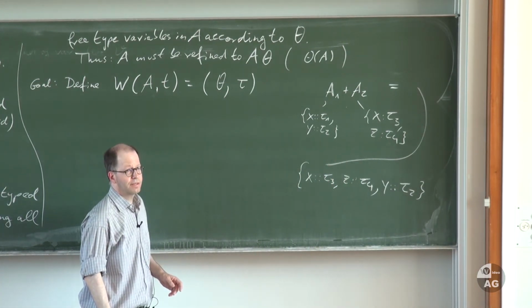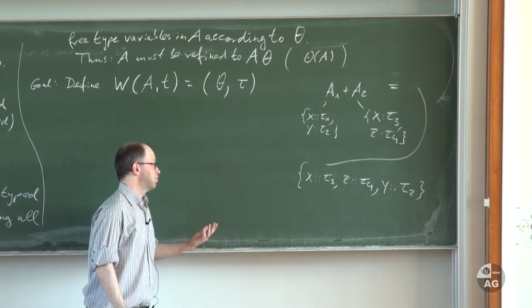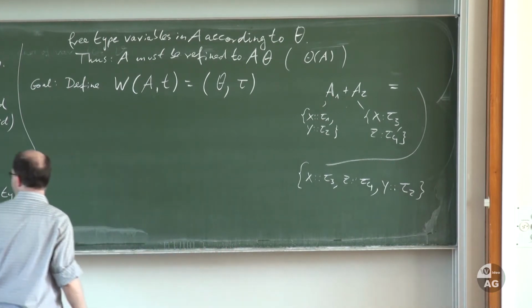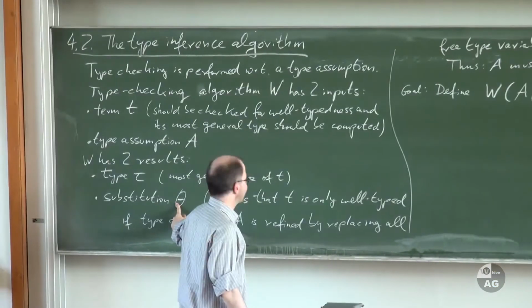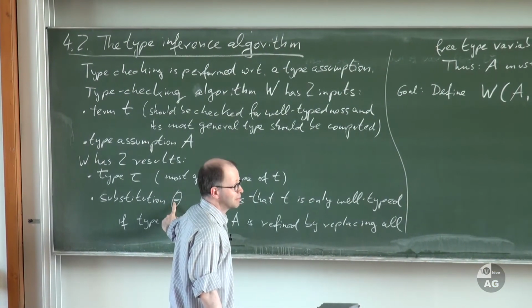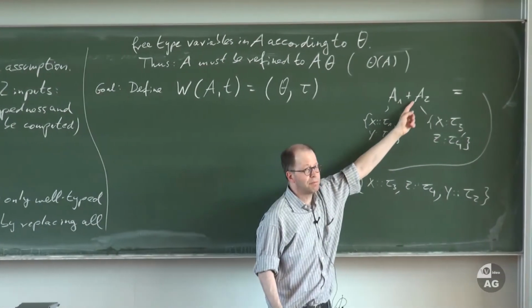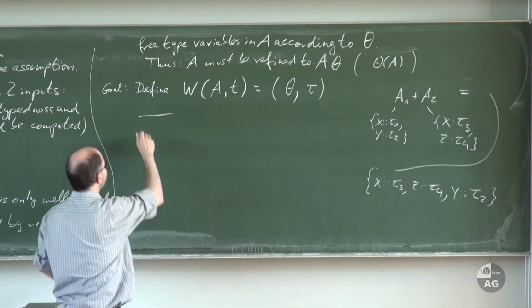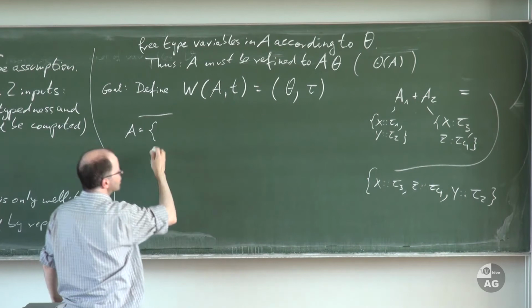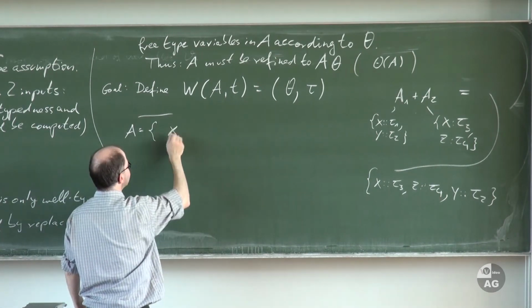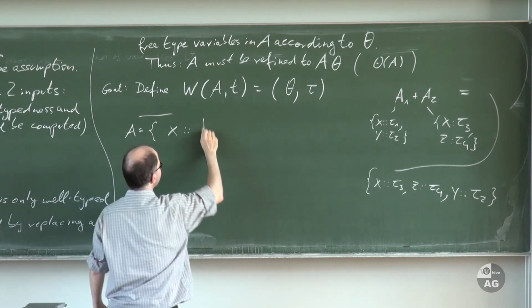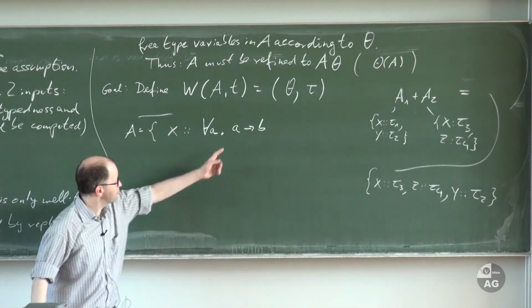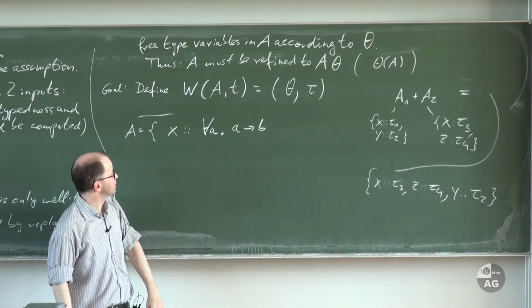And that is just a variable substitution. It isn't. Well, it's not a variable substitution. You mean what the difference is between instantiating type assumptions by substitution and extending it by plus. Okay, then let me illustrate that. So suppose that A is the following type assumption. Let's say the variable x has the type for all A, A to B. So the type variable A is quantified, but the type variable B is not quantified.